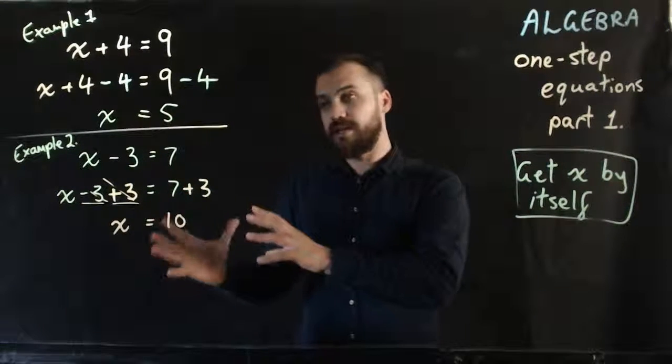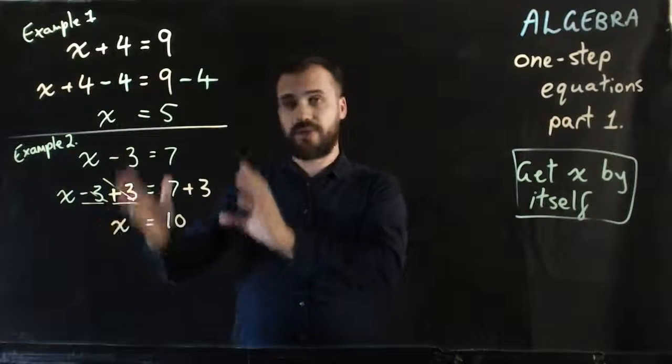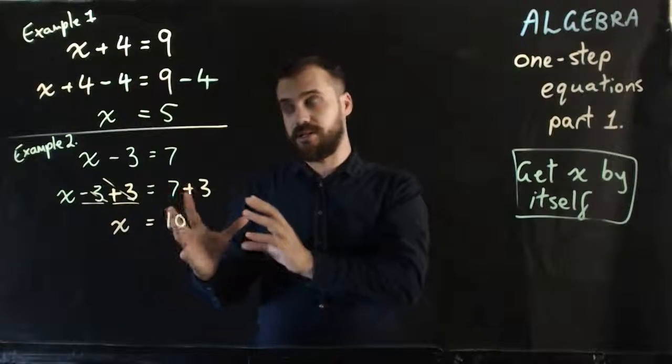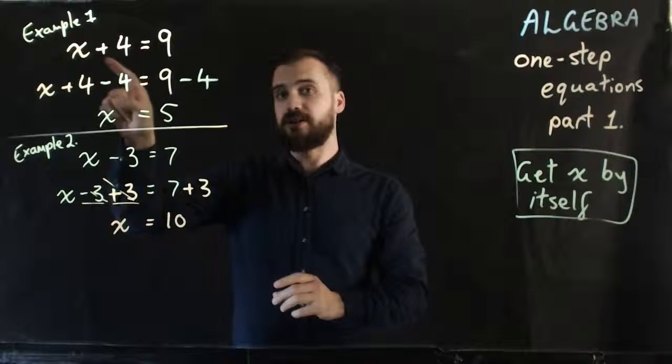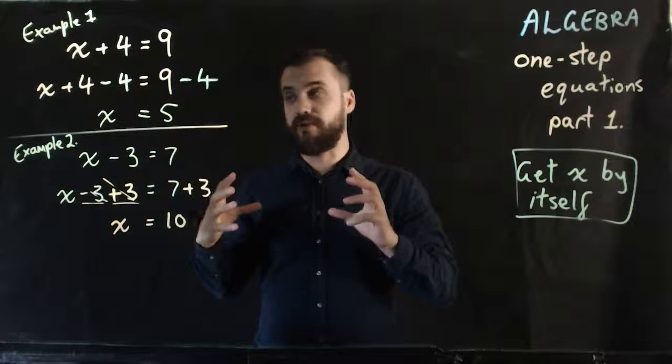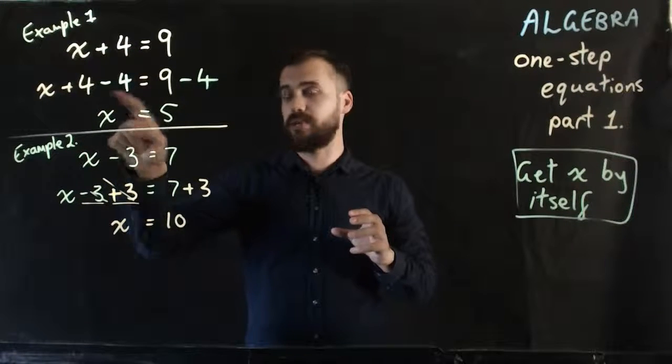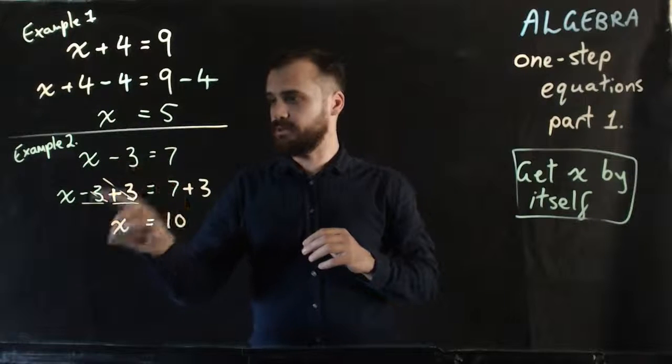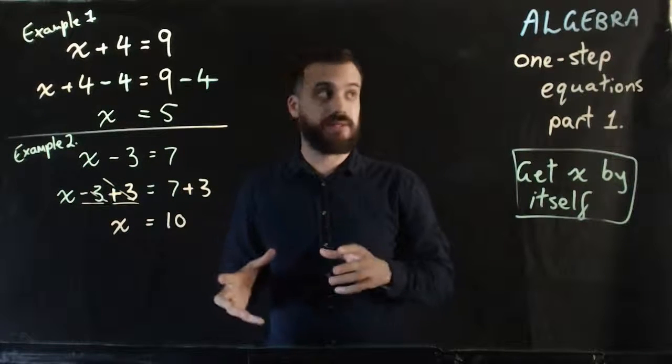So you can see here that this question and this question are very similar ideas. Who's hanging around with x, and how can we get rid of it? Well, there was a plus 4 here, so we got rid of it with a minus 4. There was a minus 3 here, so we got rid of it with a plus 3.